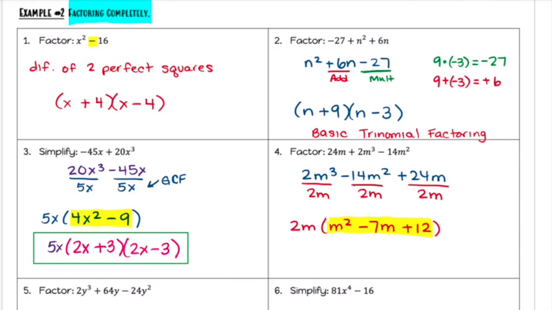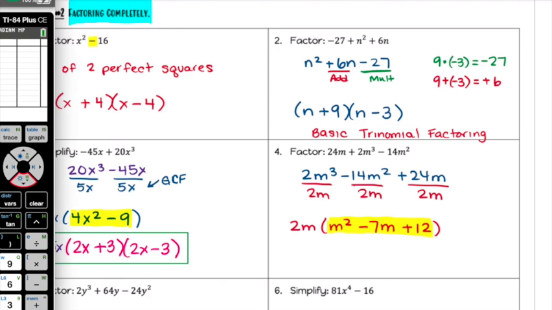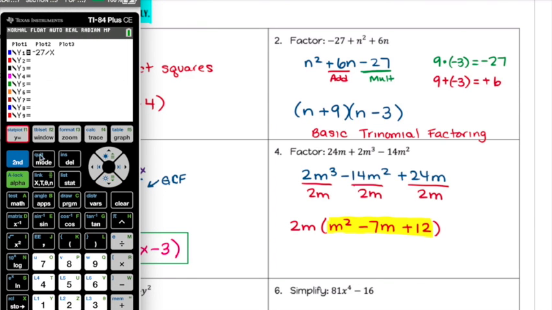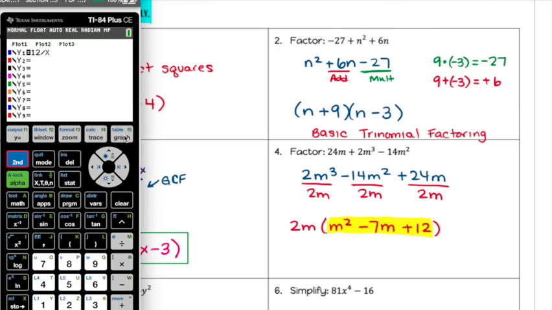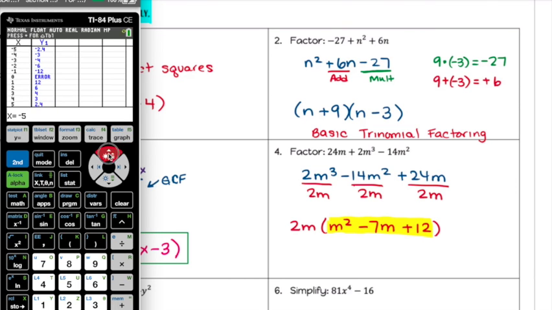We're looking for two numbers that multiply to positive 12, add up to a negative 7. Again, you could put this into your calculator. Y equals positive 12 divided by x, second table, gives me my list of factors. I want a negative, so I'm looking at the negative side. Negative 4, negative 3 would be my two factors.